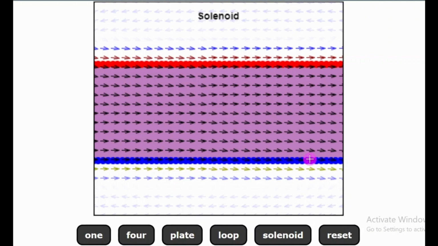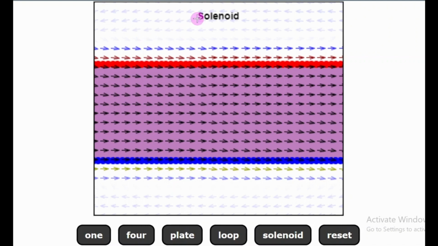And similarly, there is a large number of conductors moving from you into your screen. And here is the arrangement of the magnetic field lines around this, so it will make a solenoid-like shape, and we will discuss this in the next video.